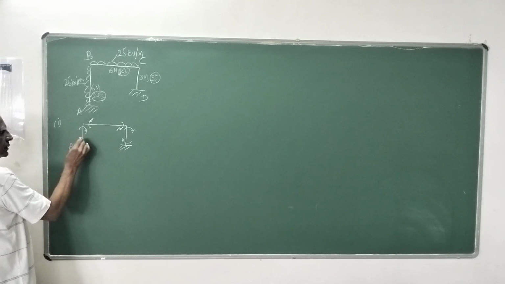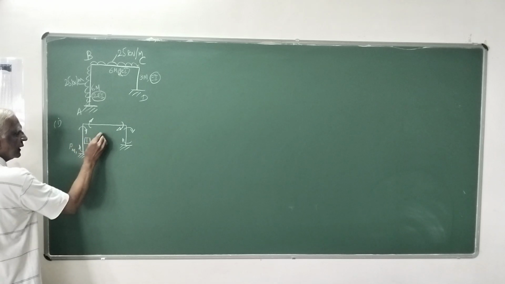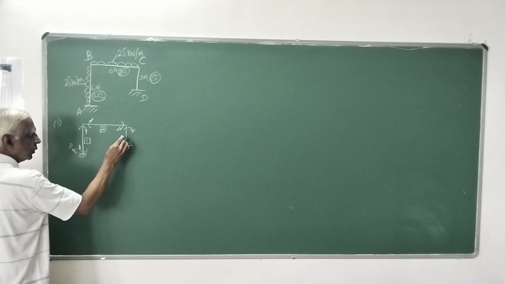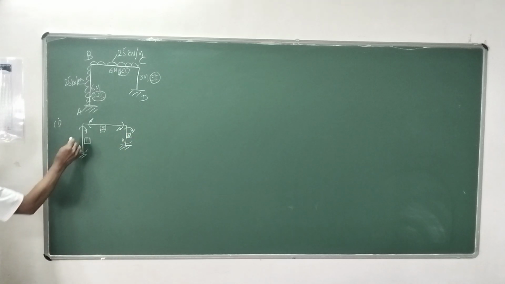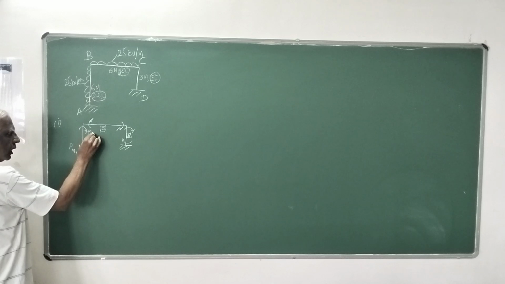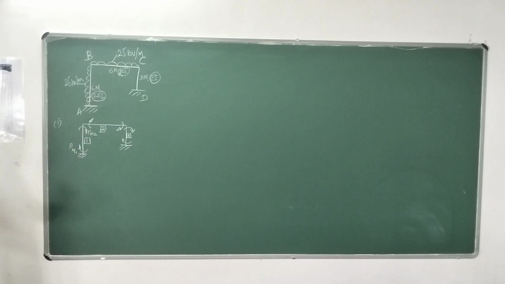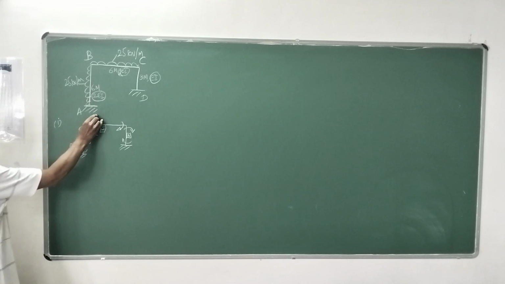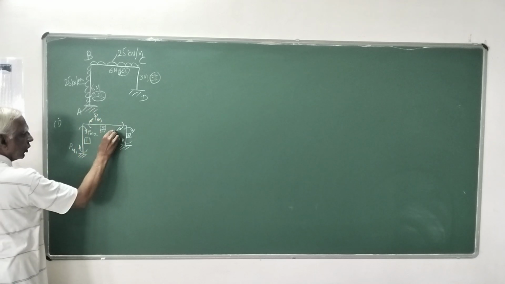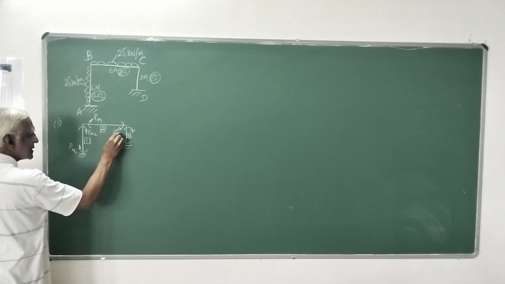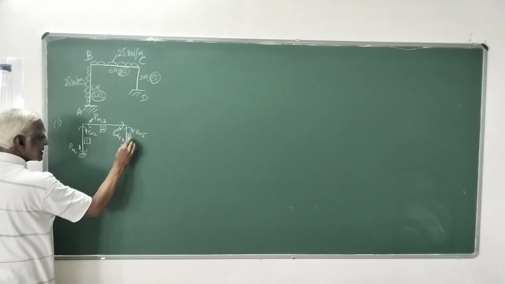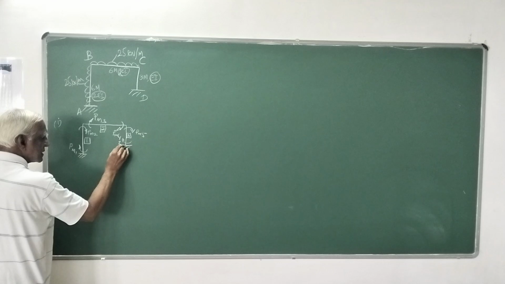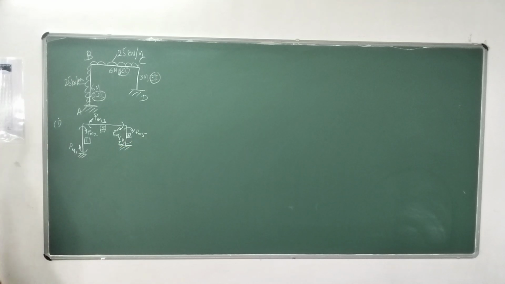We call this member 1, this member 2, this member 3. PM1 and PM2 are the end moments of member 1, PM3 and PM4 are the end moments of the second member, and PM5 and PM6 are the end moments of the third member.